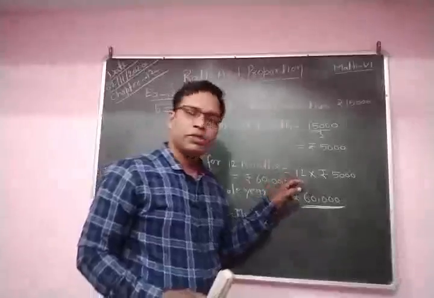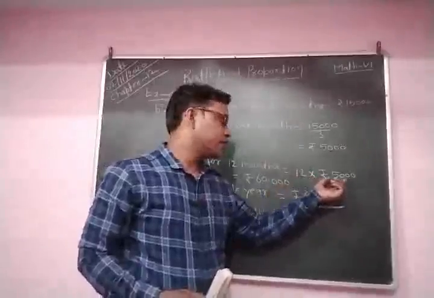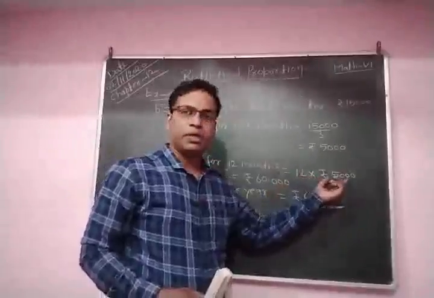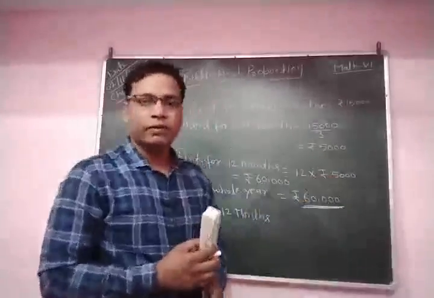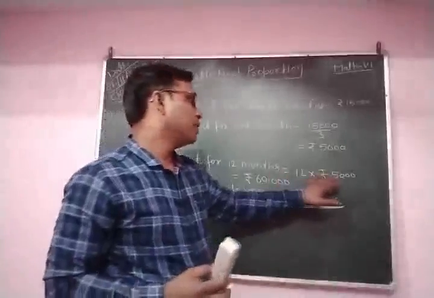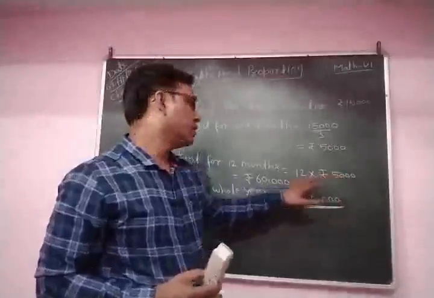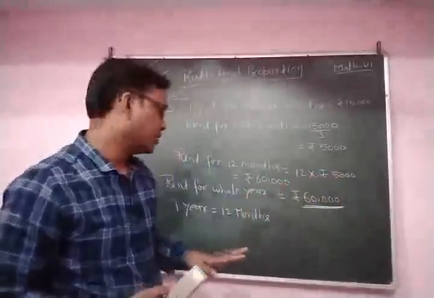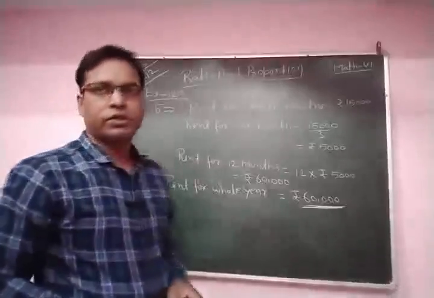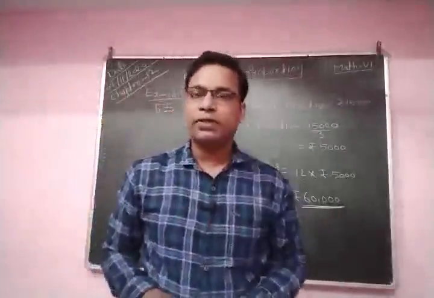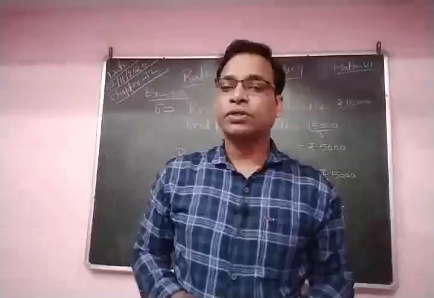Rent for 12 months is equal to 12 into rent for 1 month, so 12 into 5,000, because 5,000 is the rent for 1 month. 12 into 5,000 is equal to 60,000. So you can write rent for 1 year is 60,000. Students, I hope all of you understood this question. Now we are going to discuss the next question.